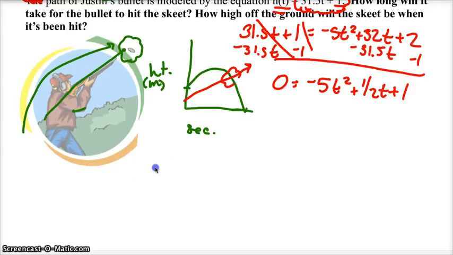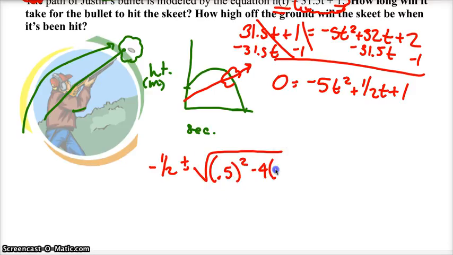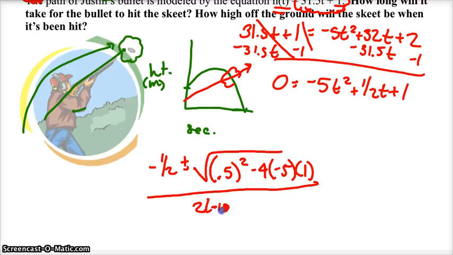formula. So the opposite of b plus or minus the square root, I should probably be using decimals for ease, b squared minus 4 times a times c all over 2 times a. 2 times a is going to give me negative 10. Let's use decimals, it's probably easier to enter.